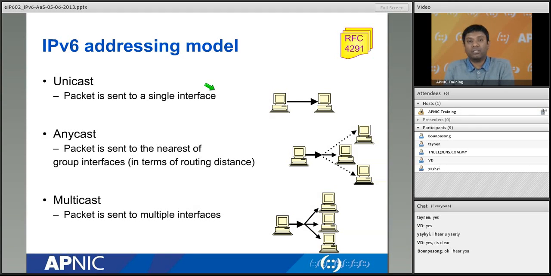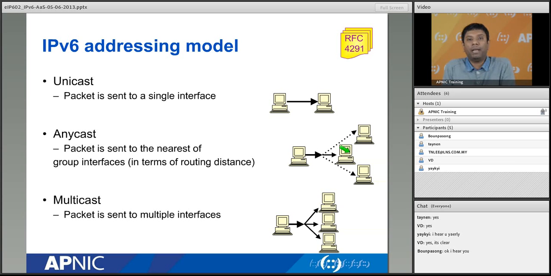And anycast, same concept. The source address is a unique address in the packet, and the destination address is also a group address. But the difference between multicast and anycast is that in anycast, the packet will be delivered to the nearest computer to the source. On the diagram, if the source is here, the nearest computer is this one.